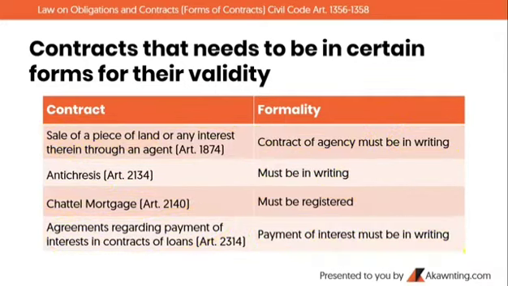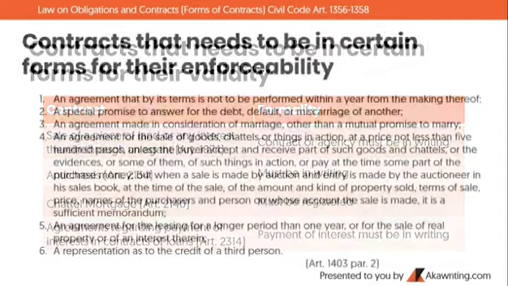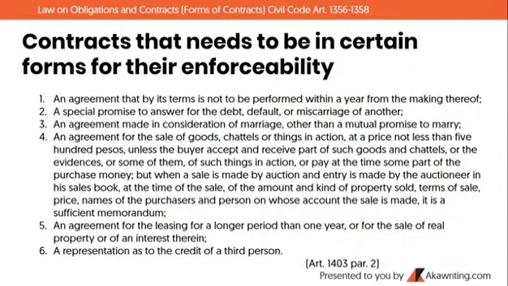So, next, let's proceed to, okay, contracts that need to be in certain forms for their enforceability naman. Okay, so sabi natin kanina, kapag hindi nasunod yung tamang form, okay, doon sa mga ganitong klaseng contract, magiging unenforceable contract sila.